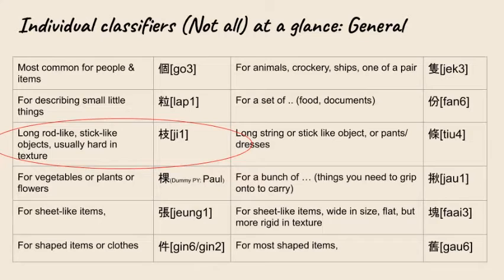And on the other hand, if you want to describe long, rod-like, stick-like objects, usually hard in texture, you will use the unit classifier 支 instead.